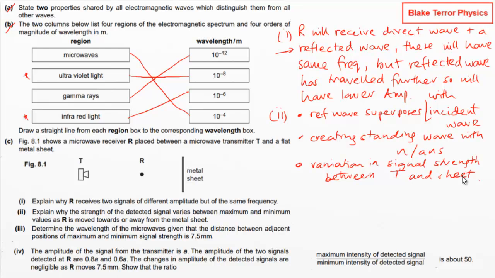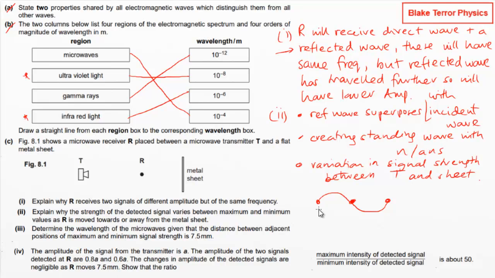Part 3: determine the wavelength of the microwaves given that the distance between adjacent positions of maximum and minimum signal strength is 7.5 millimeters. With standing waves, you don't even necessarily have to remember it. Say you've got a standing wave with 3 nodes, which looks like one wavelength.